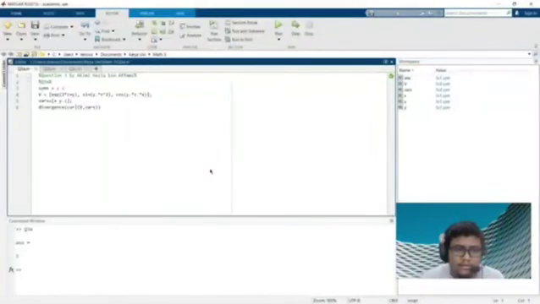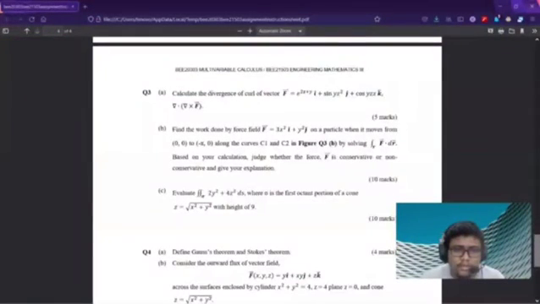Next, move on to question 3B. Find the work done by the force F, and then based on the calculation, we need to judge whether the force is conservative or non-conservative.